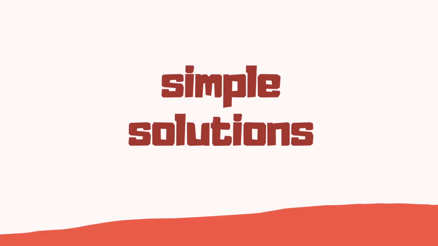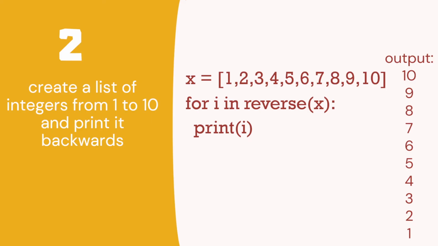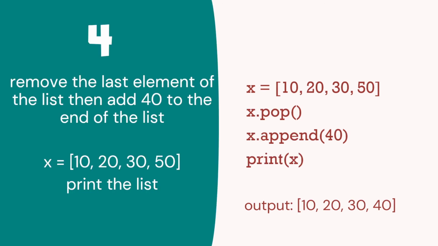Now let's have a look at the solutions for these simple exercises. Number 1, we've got a simple for loop. We print 1 to 10. Number 2, we've got the same list, but we're going to use reverse in the for loop to print 10 down to 1. Number 3, we insert at the position 2 the number 3. So x.insert(2, 3) will now give us the output when we print the list 1, 2, 3, 4, 5.